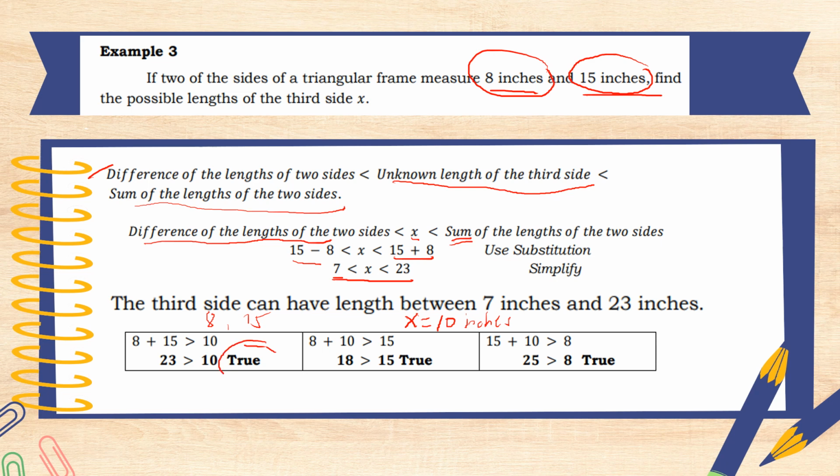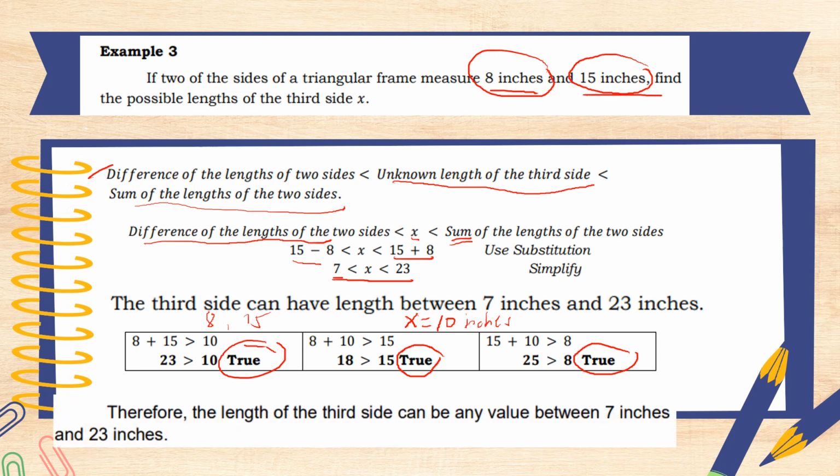True. 8 plus 10 is greater than 15. 18 is greater than 15. Still true. And 15 plus 10 is greater than 8. 15 plus 10 is 25, greater than 8. Also true. Therefore, the length of the third side can be any value between 7 inches and 23 inches.